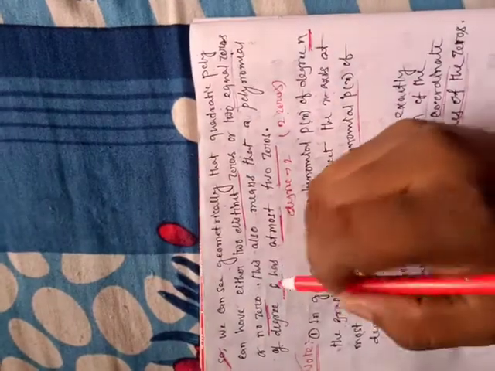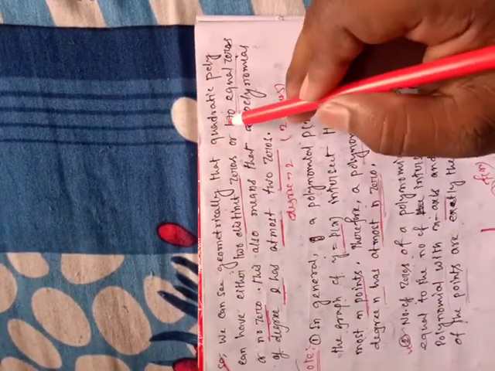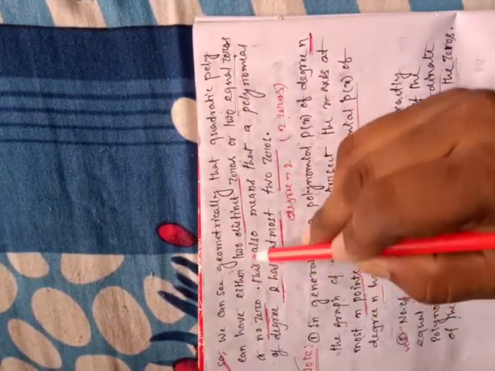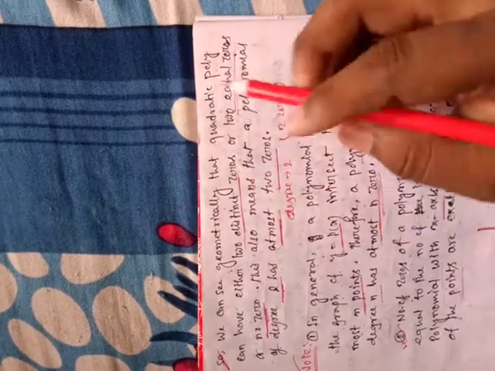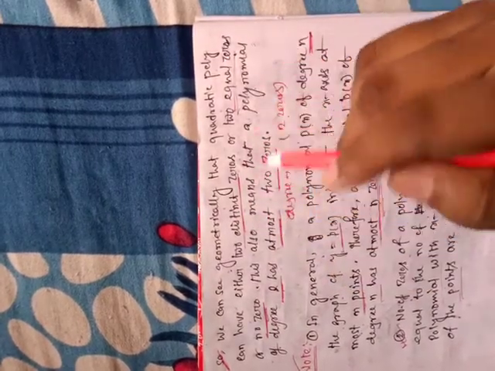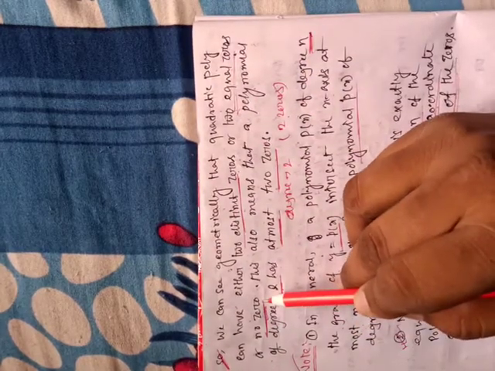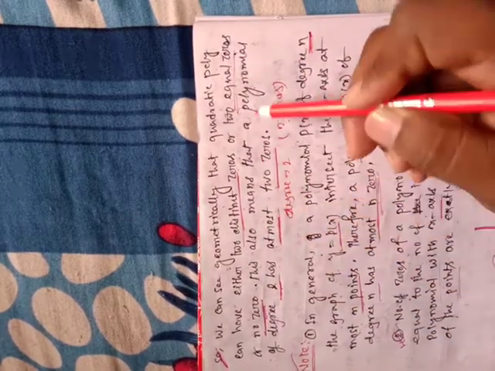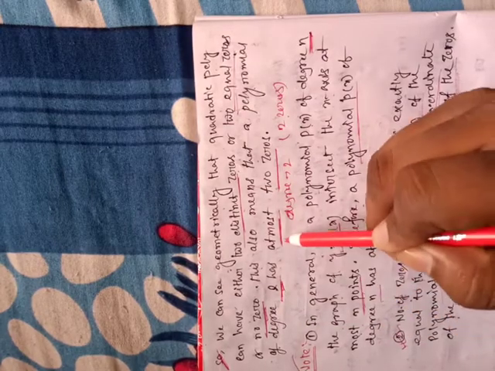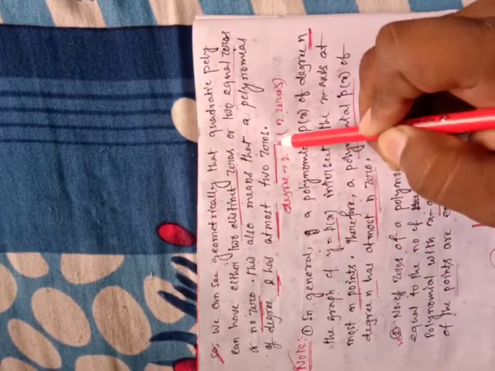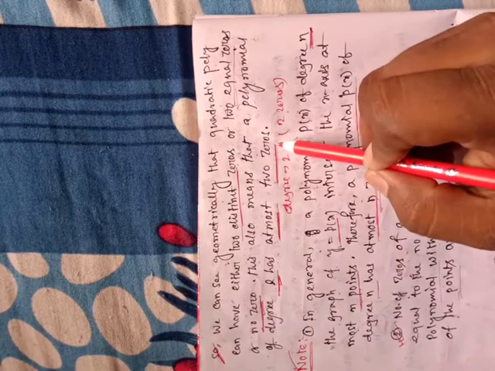So we can see geometrically that a quadratic polynomial can have either two distinct zeros, because it may cut at distinct points A and A dash, or two equal zeros, or no zeros. So this also means that a polynomial of degree 2 has at most 2 zeros, because it may cut at most at 2 points.